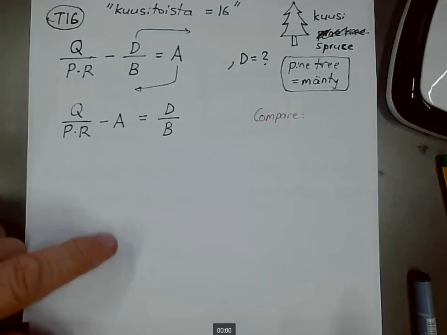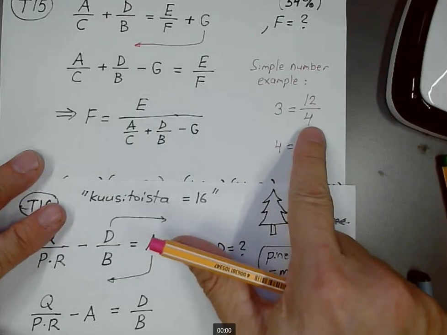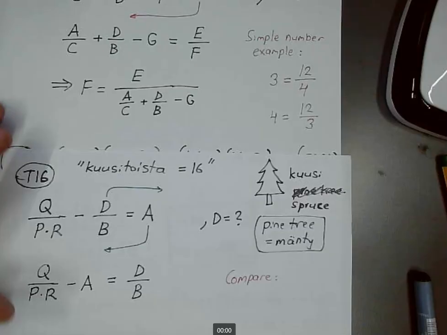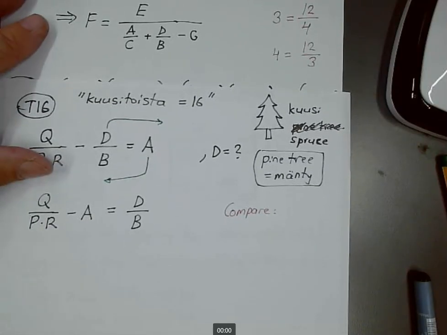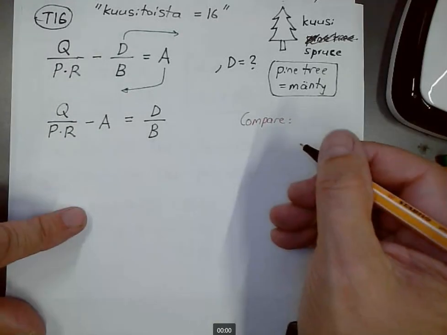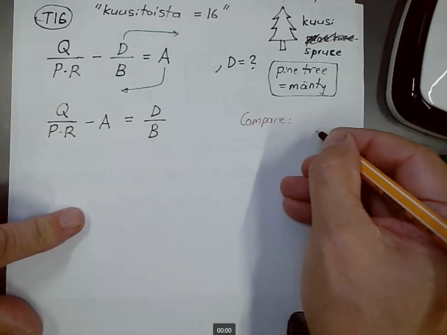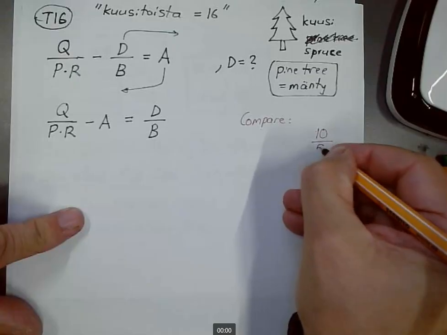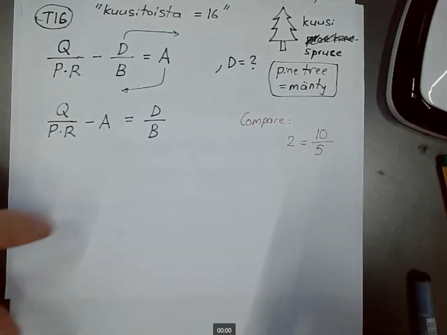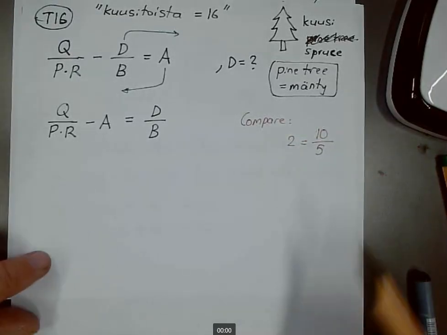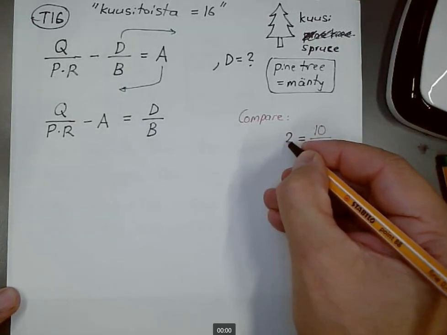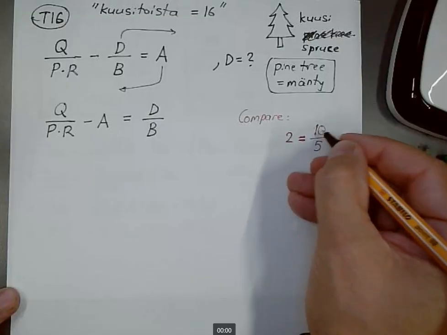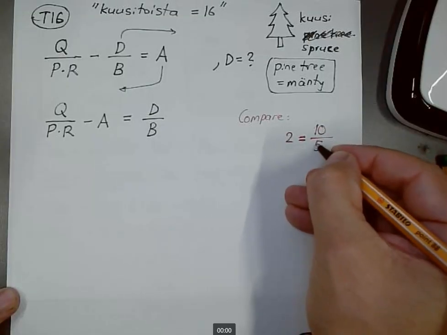For example, I don't take the same numbers as here, but for example 2 and 5 and 10. We have 10 divided by 5 equals 2. This is an easy number example.